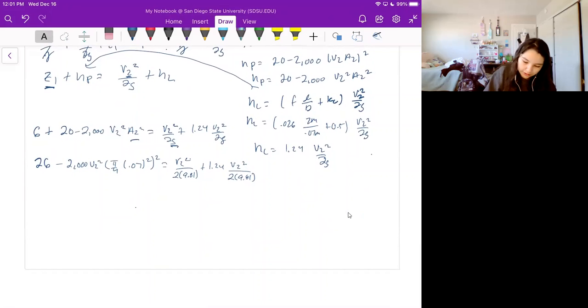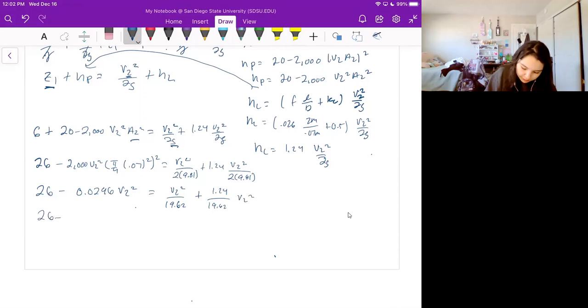So when we simplify this in our calculator, we get 26 minus 0.0296 V2 squared is equal to V2 squared over 19.62 plus 1.24 divided by 2 divided by 19.62 V2 squared.